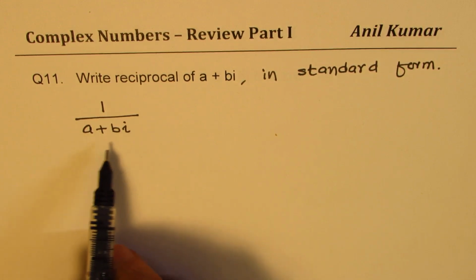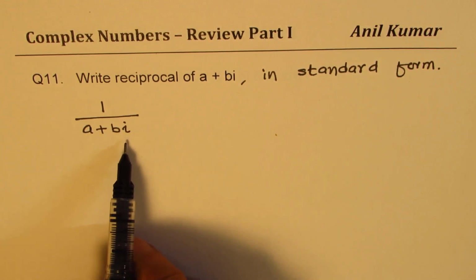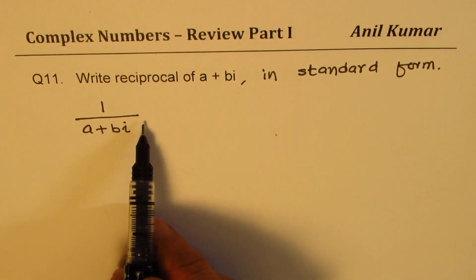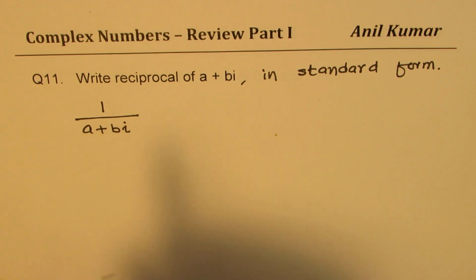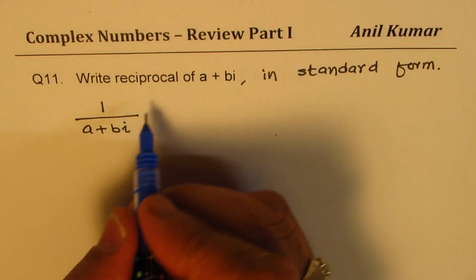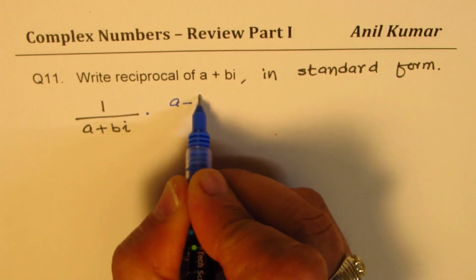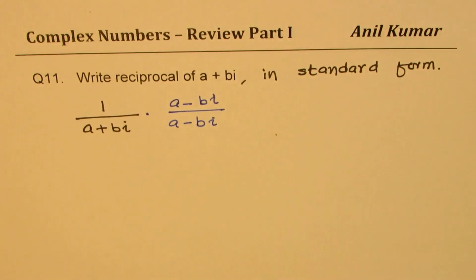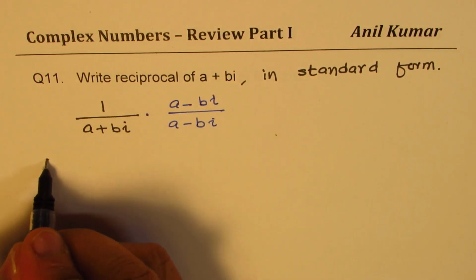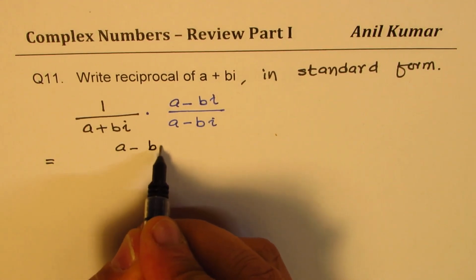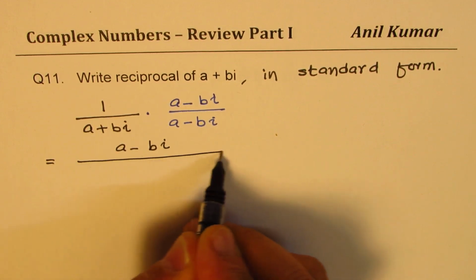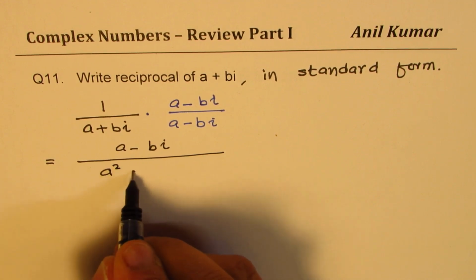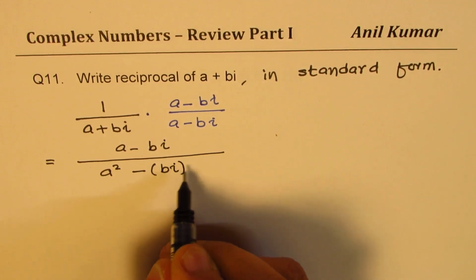Now, we cannot write bi here in the denominator. That is not a standard form. To write it in standard form, we multiply and divide by its conjugate, right? So what we do here is we multiply and divide by a minus bi. Correct? So once you do that, you get a minus bi on the top, and the denominator becomes a square minus bi whole square, right?